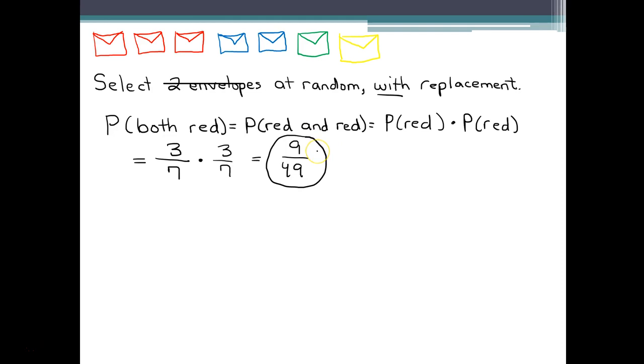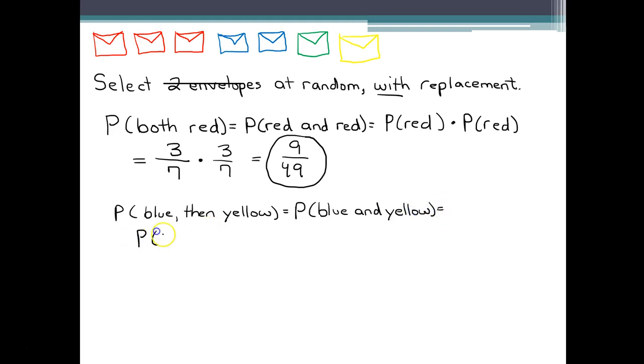So that's with replacement. Okay, now let's say they ask you to find, still with replacement, the probability first is blue, then the second one is yellow. So that's the probability of blue times the probability of yellow.